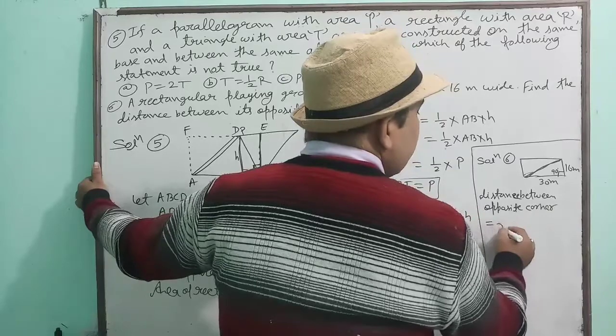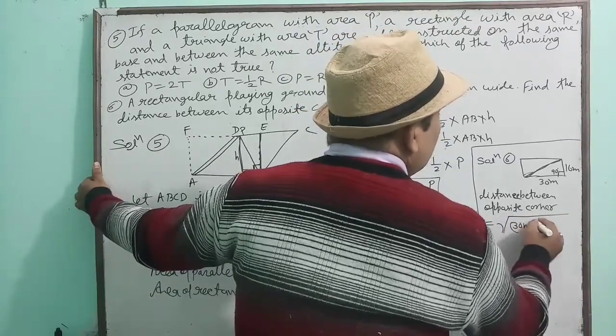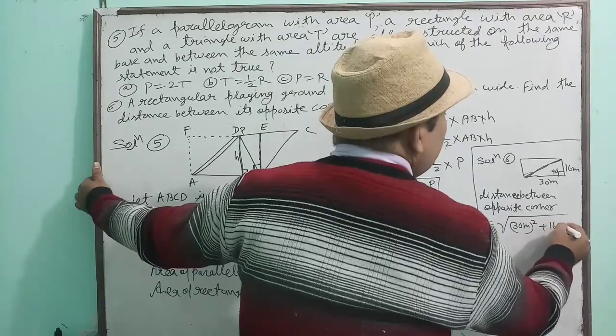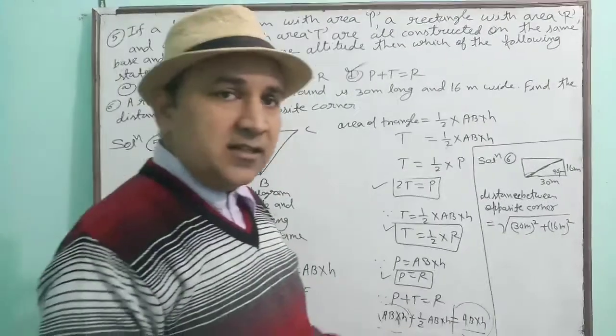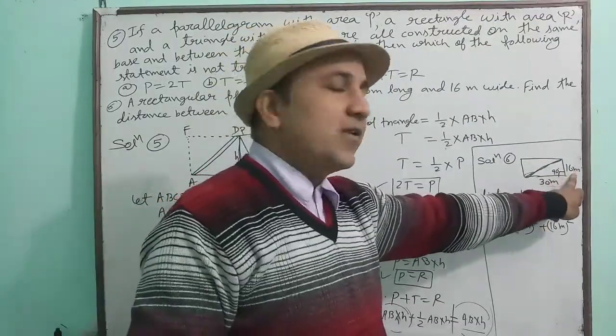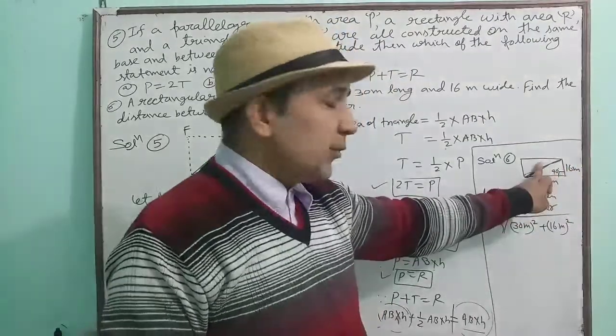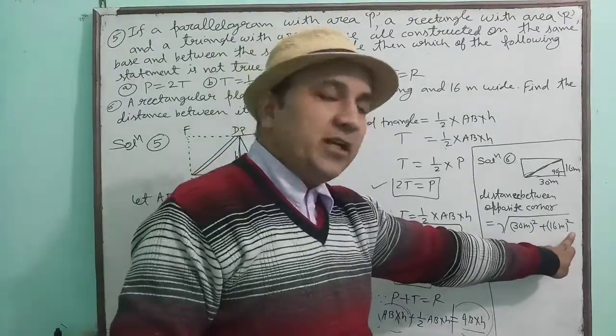The distance between opposite corners is equal to the square root of 30 meter whole square plus 16 meter whole square. By the Pythagoras theorem, the square of the hypotenuse is equal to the square of the base plus the square of the perpendicular. Therefore, the hypotenuse is equal to the square root of base square plus perpendicular square.